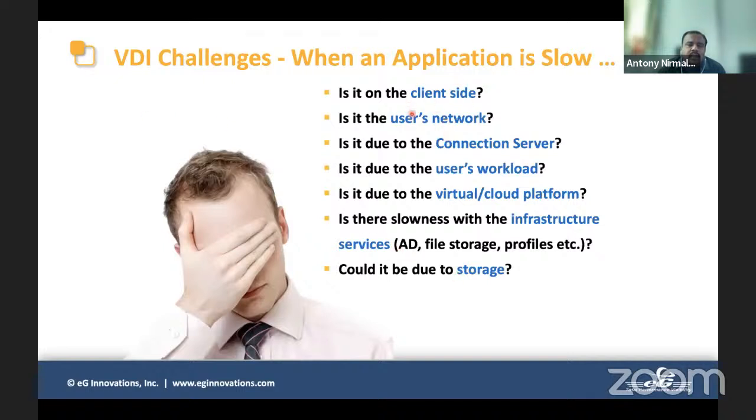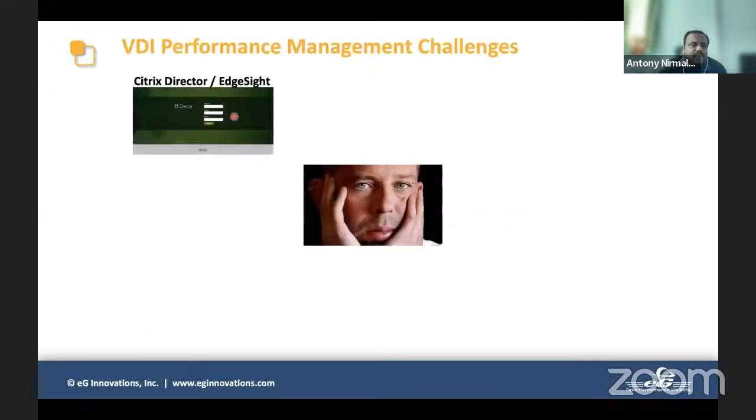We have the user's network, the connection server, what the user is doing, the platform (cloud or virtual), and my supporting services, all these things. So this Director gives visibility only into the Citrix layer, which is good. I can look at what is going on within Citrix, but for non-Citrix it is difficult.